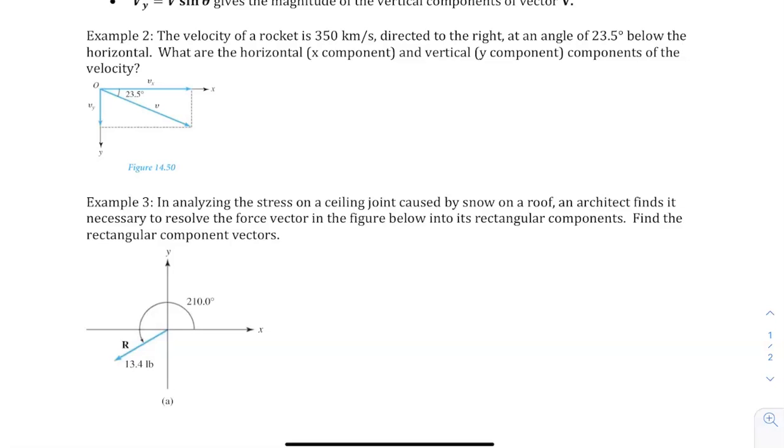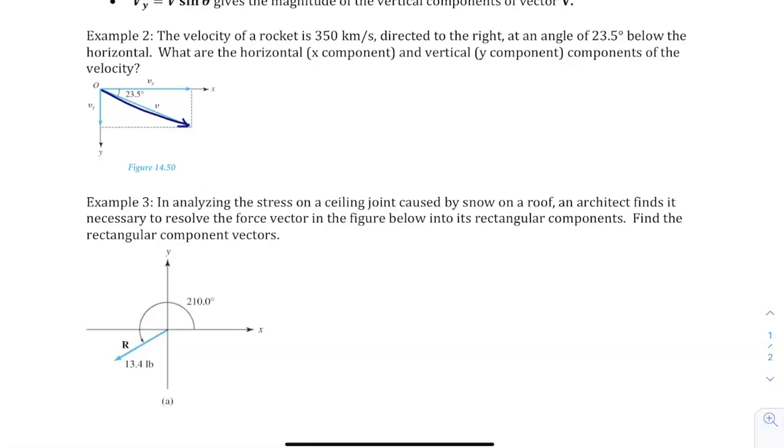In this first one, we can look at a rocket that is directed with this vector V, and we see that it's at this 23.5 degree angle down. So how would we think of this in terms of our trig values?